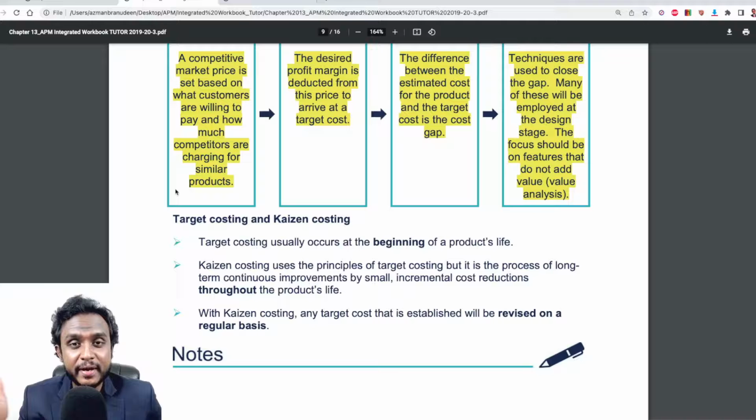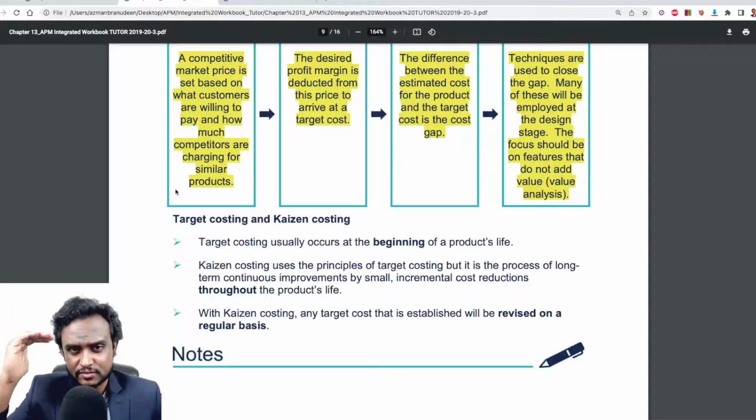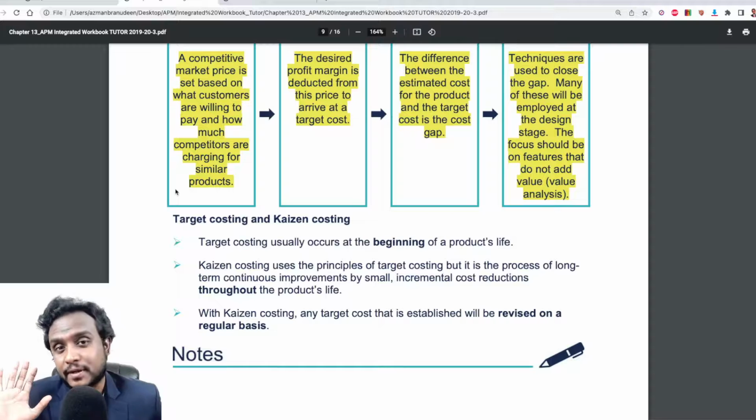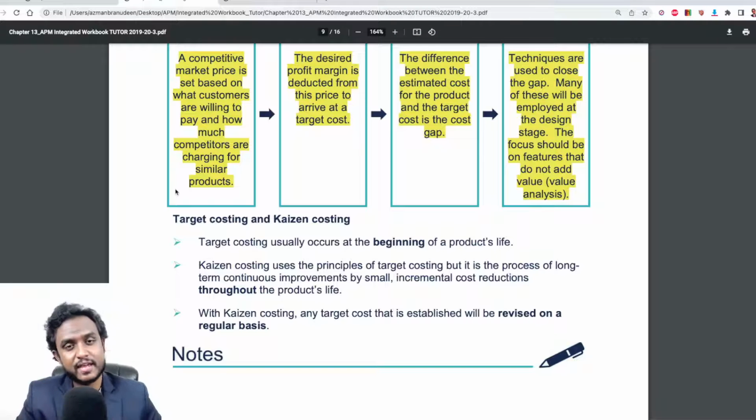So if you are implementing this in a Kaizen environment, let's say you achieve the target cost. Let's say we brought down the cost from 64 to 60. If you achieved it, now you don't say, all right, I got the job done. That doesn't happen in Kaizen. In Kaizen, you will revise that target cost again. You will try to bring it down.